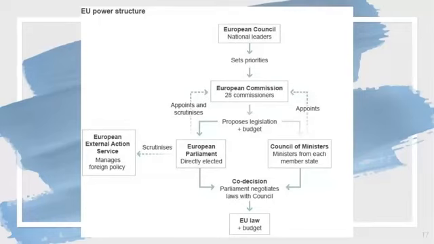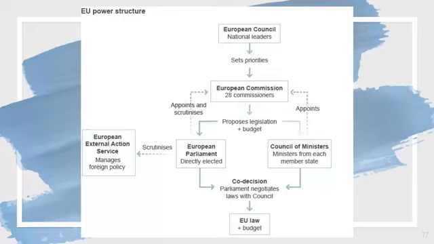So, this is how policy works. Bear with me. We have the European Council of National Leaders. They set the priorities. Then the European Commission will propose legislation and a budget. In turn, the European Parliament will either appoint and scrutinize people in the European Commission, or they will decide to negotiate or amend the legislation.